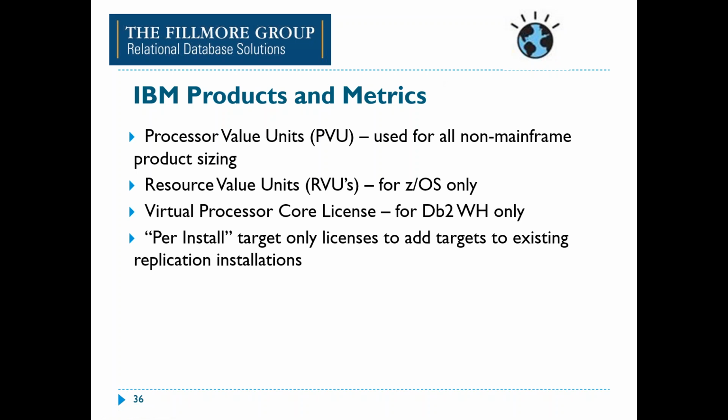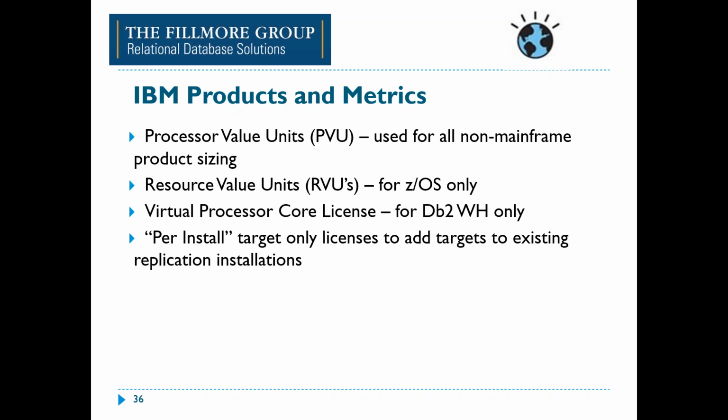So one other thing that I asked Frank to include in this presentation, this is the nuts and bolts. This is not the most exciting thing in the world, but there are different metrics that IBM uses for pricing. And a basic understanding of these can make a huge difference in what you're trying to buy.